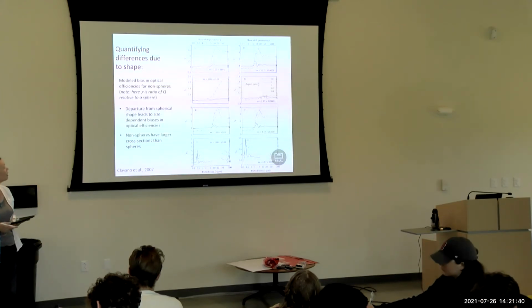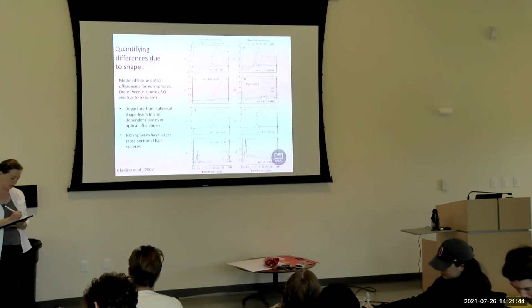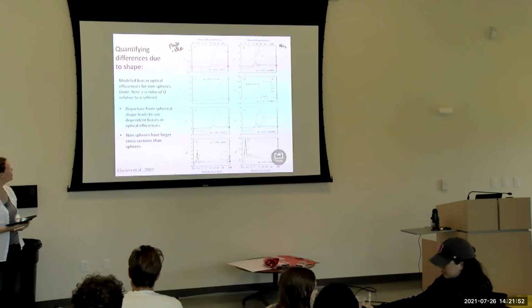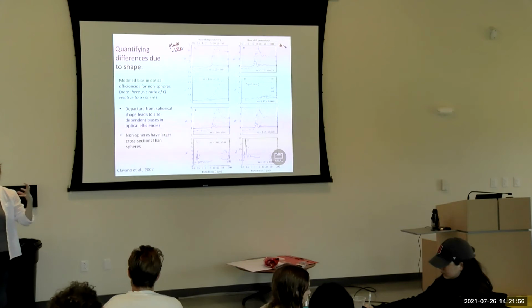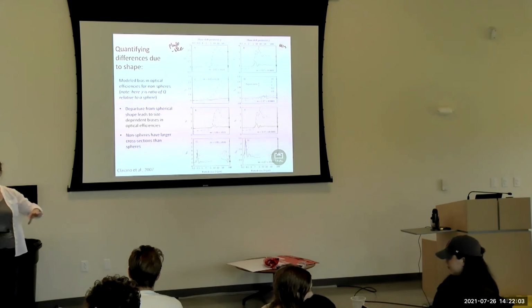Here, the two columns of tiles are basically for phytoplankton-like and mineral-like particles. And in this case, gamma on all of the y-axes is the ratio of the optical property for a spheroid divided by that for a sphere.